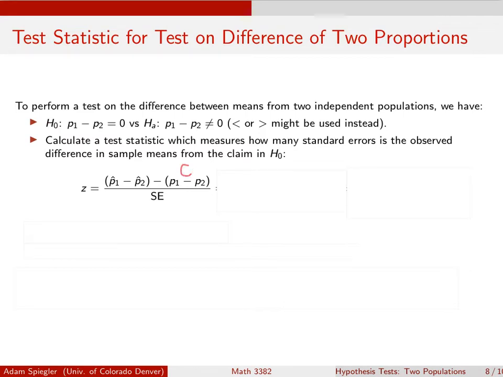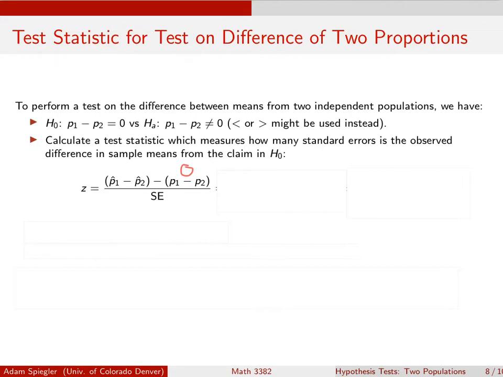So this difference of p1 minus p2 is always going to be 0. And so we get some difference, and then we don't know whether that difference is within what's reasonable variability from sampling, which is measured with the standard error, or whether this difference seems to be beyond what we might expect just due to the sampling alone.